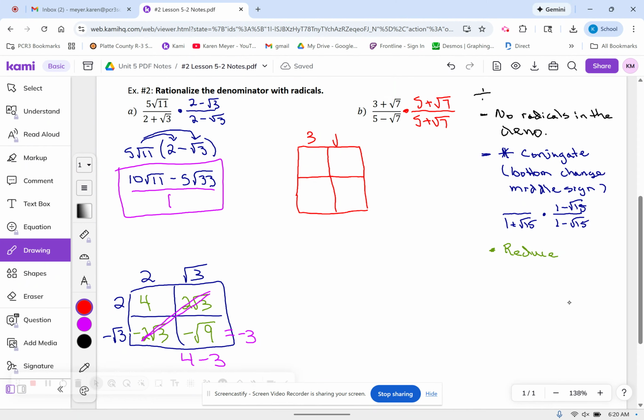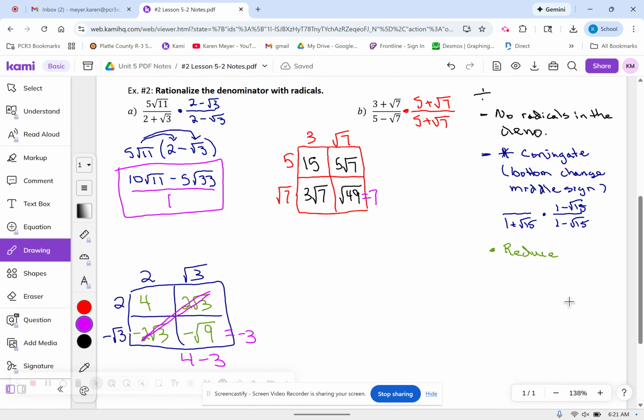So 3 square root of 7, and then 5 square root of 7. So 15, and then write them next to each other, and then keep the square root and multiply them together and write it underneath the square root. And then you'll notice, ooh, the square root of 49 is a perfect square, which is 7.